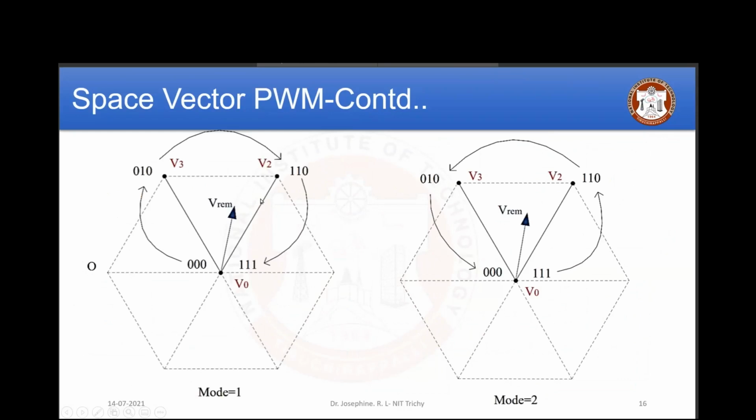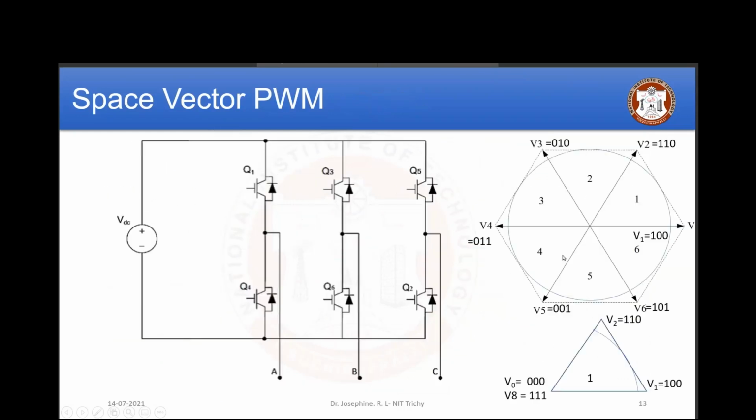Assume that, in order to operate between these two, you should identify the sector. There is something called sector identification. Suppose we take 0 to 360 degrees. It starts from 0.